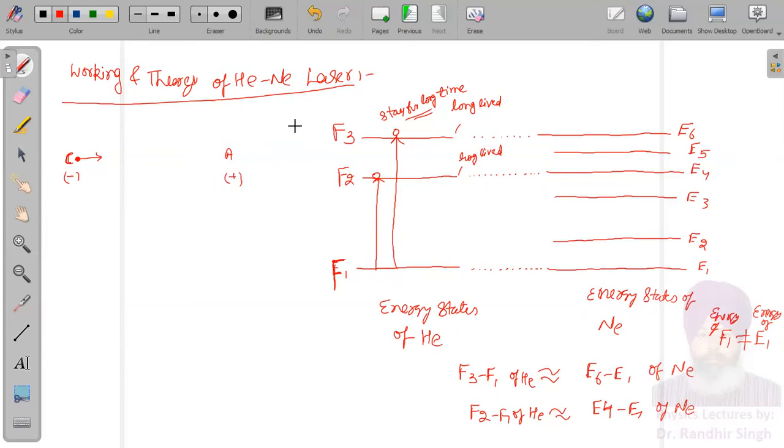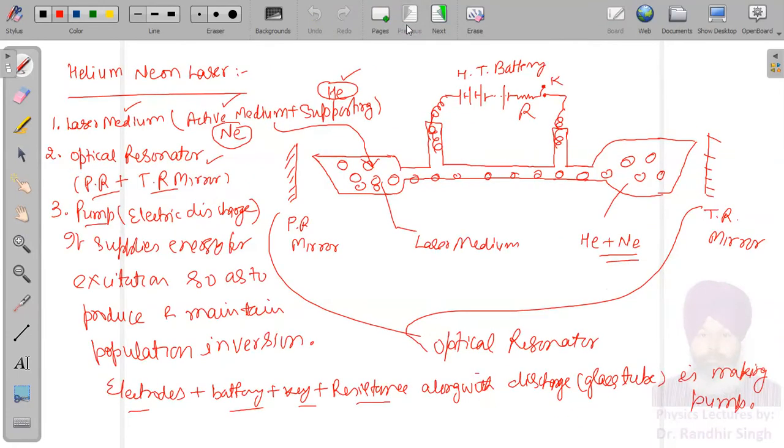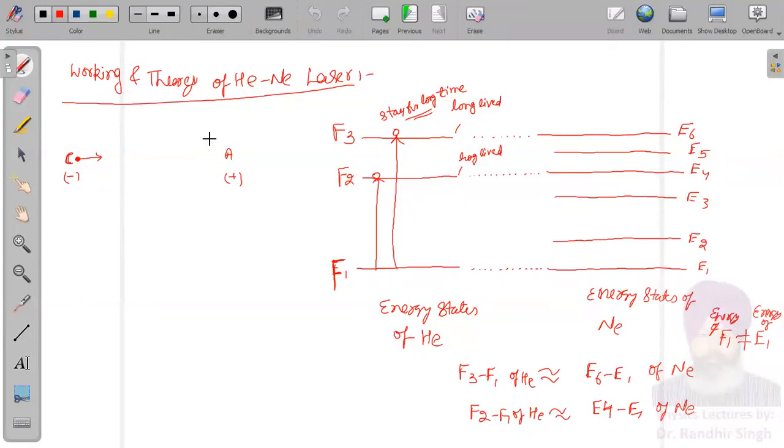So let me go to the previous page. Okay, I have given positive on this side and negative on this side. So let me maintain one-to-one correspondence, and I will erase this.